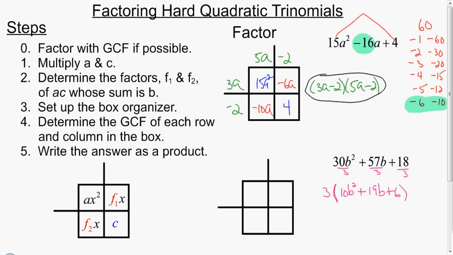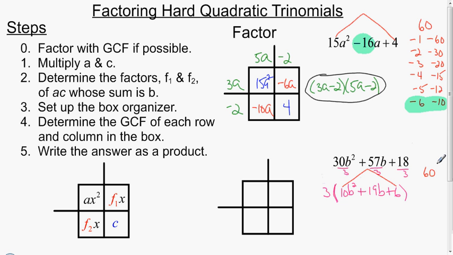Now, you need to realize that the harder quadratic trinomial is still here. It's the quantity here whose lead term has a coefficient of 10. So now I've got to focus just on the inner quantity here, not 3 on the outside. Okay? So I'm going to multiply 10 times 6 and get 60.